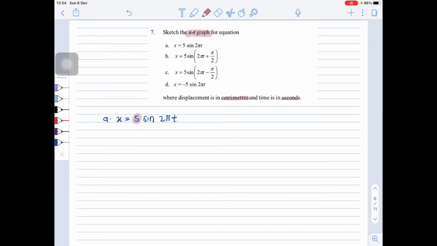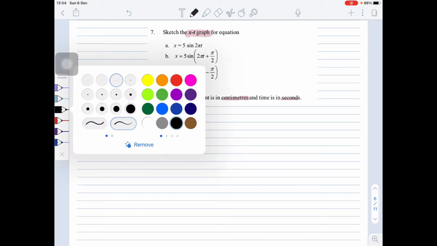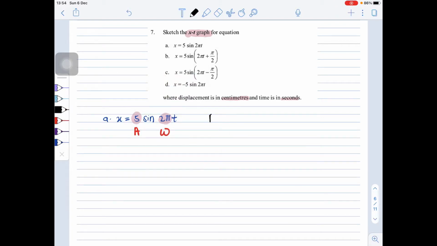So dekat sini we know that 5 is the amplitude, and then we know that 2 pi is the omega. So from here, we know that amplitude is 5 centimeter and omega is 2 pi radian per second.